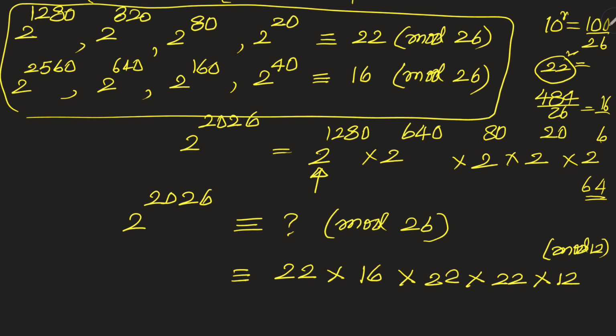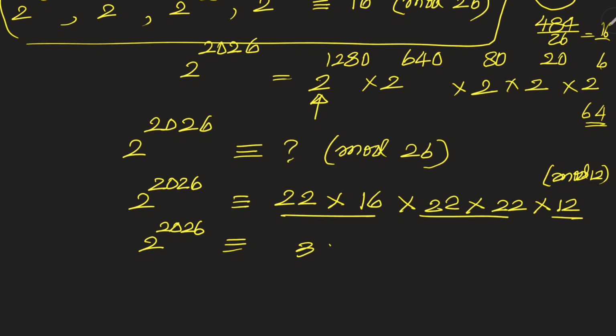We have to just do this calculation and continuously divide by 26 so that we finally get the remainder. So let's go ahead and do that. For that we'll divide them into groups of 2 each. 22 into 16 is 352. 22 into 22 is 484, and 12 we will leave like that, mod 26.